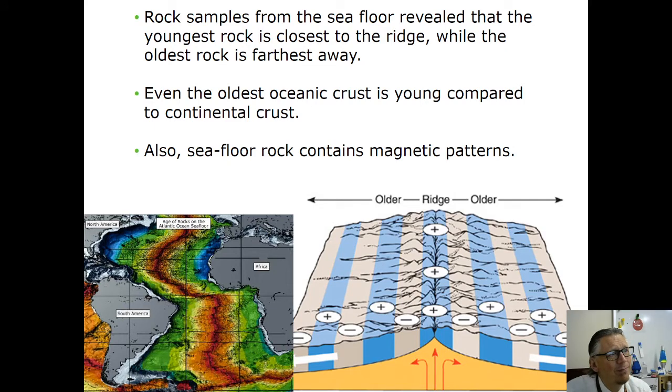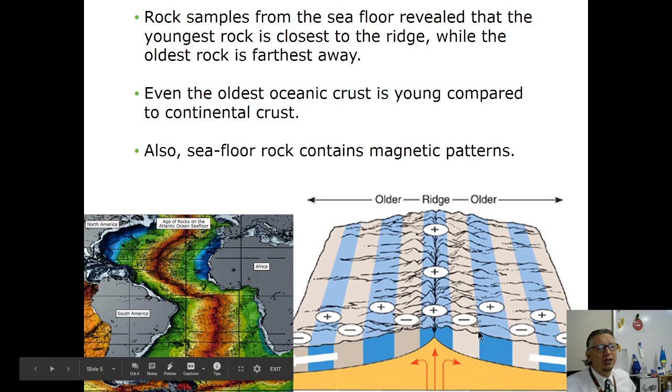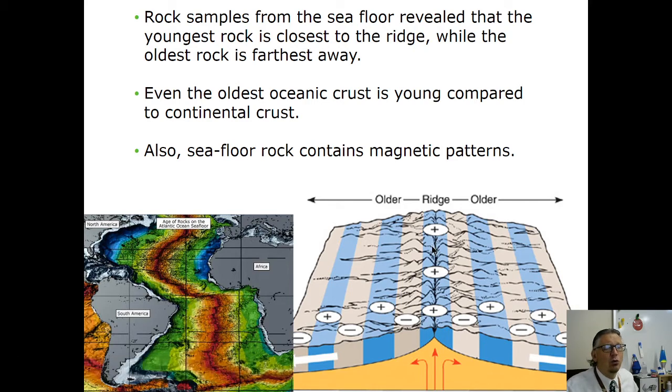As they started mapping and finding out more and more about these mid-ocean ridges, two things came into play. One is that as you go out from the middle of that ridge, the rock got older. And the second part is they found out that as this rock hardened, it took on the Earth's magnetic poles, and we found out that sometimes the North and South Pole reverse.